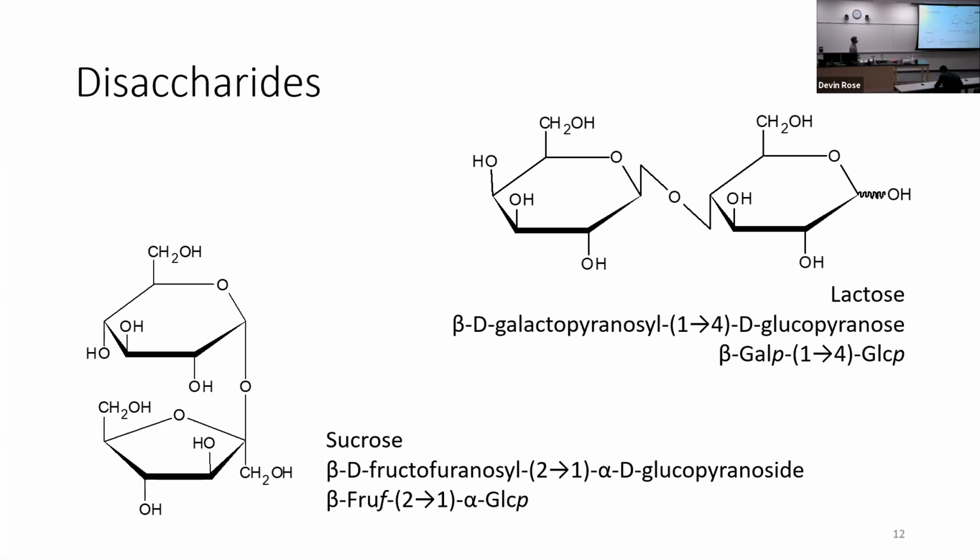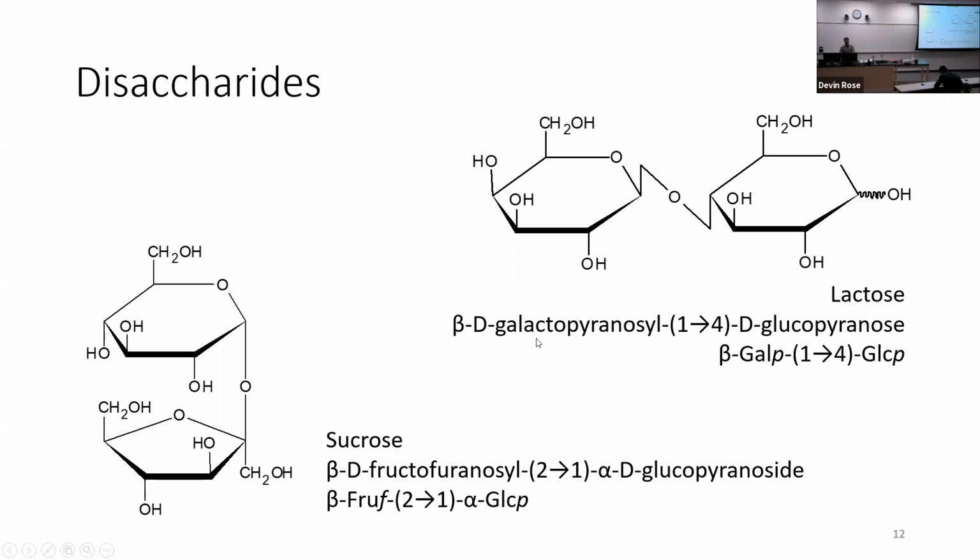Here are two disaccharides that we see all the time. At the top we have lactose. And lactose has this strange bond here. So again, this bend right here does not mean that there's another carbon. This carbon is directly linked to this oxygen, but we want to exaggerate that this is in the up position and this is in the down position.